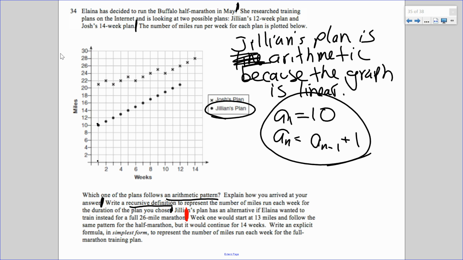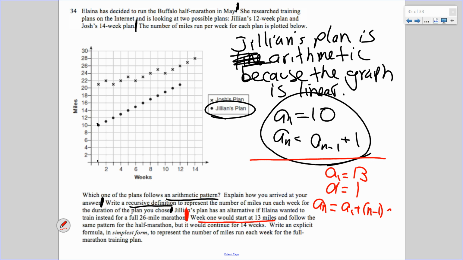So I don't care what she's training for, but I do care that week 1 would start at 13 miles and follow the same pattern. So now, A1 is going to be 13. The common difference is still going to be 1. Write an explicit formula. Well, your explicit is AN equals A1 plus N minus 1 times D. I don't take up a lot of space, so I'm going to erase all of this stuff.